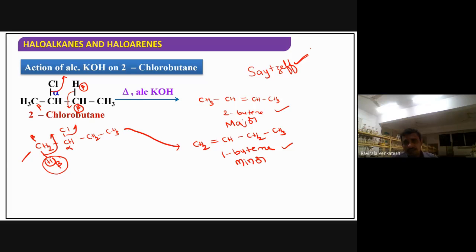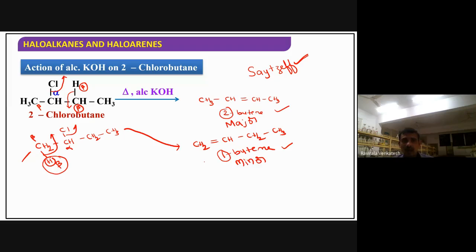Now the Saytzeff rule is very simple: the more substituted alkene is always the major product. Now tell me, in 2-butene and 1-butene, which has the more substituted carbon? Is it possible for you to identify it? I will give a very simple method.